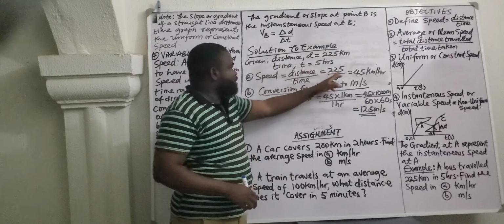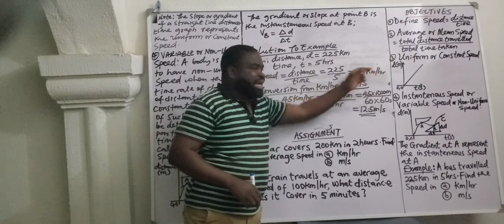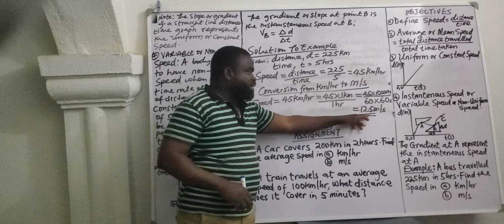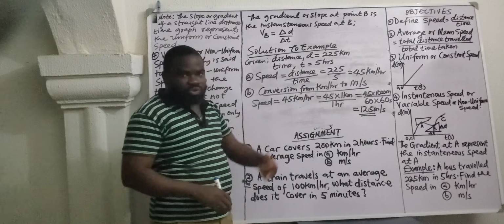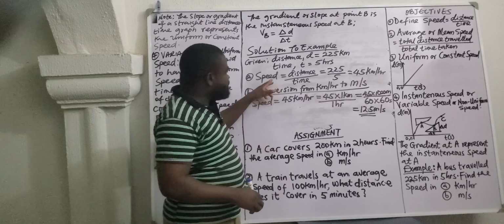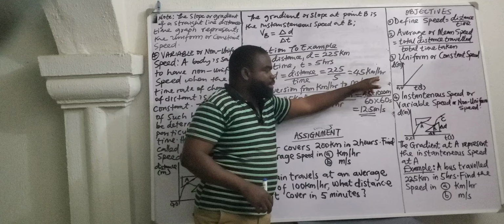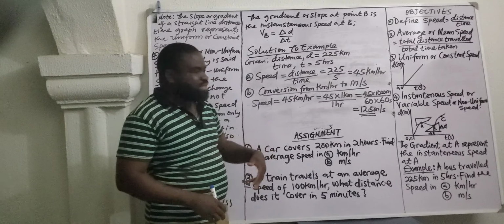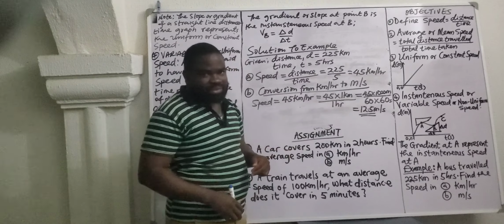finding the speed first in kilometer per hour and then converting it to what? Meter per second. Assuming I was not told to find the speed first in kilometer per hour, they just wanted me to find it in meter per second directly.